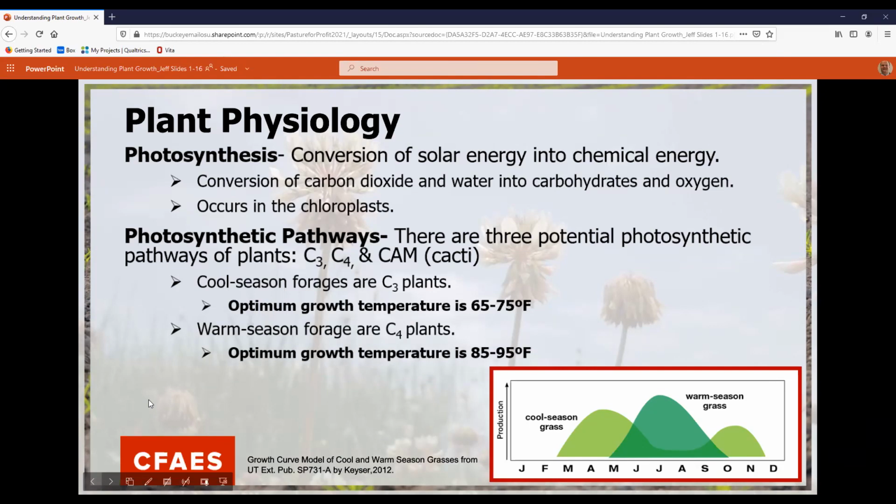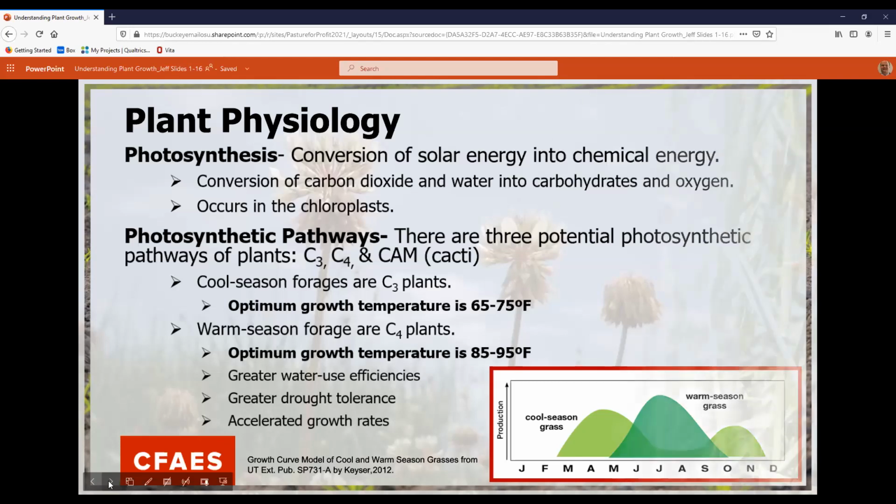The most common C4 plant in Ohio is maize or corn. But C4 gives those plants a little greater water use, greater drought tolerance, and accelerated growth rates. I've joked that in certain weather conditions in midsummer, you can actually hear the corn growing at night as the leaves unfurl.